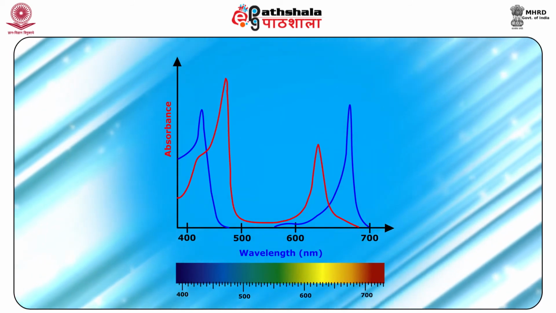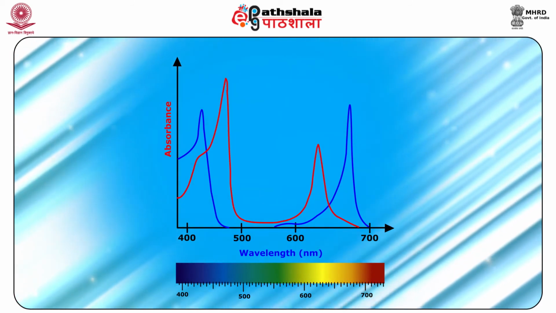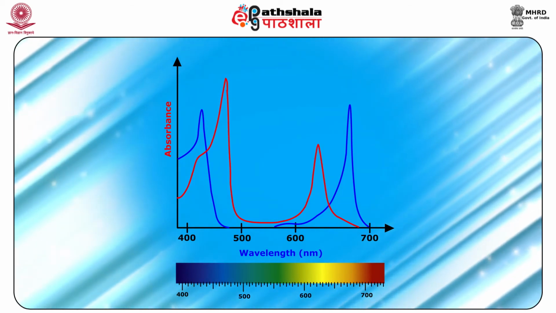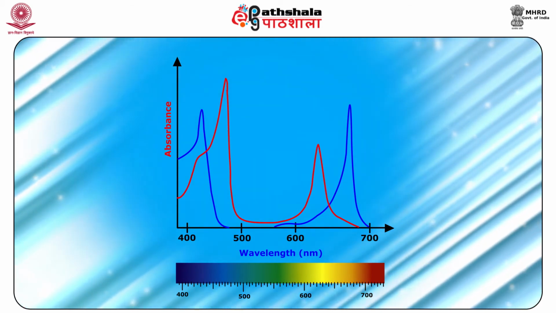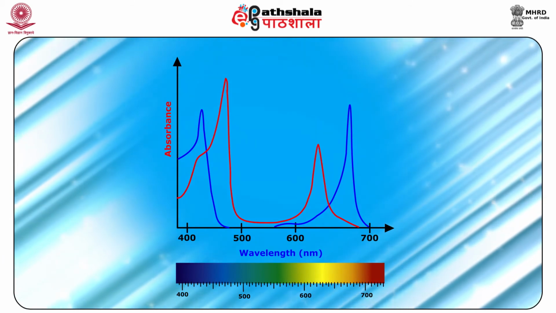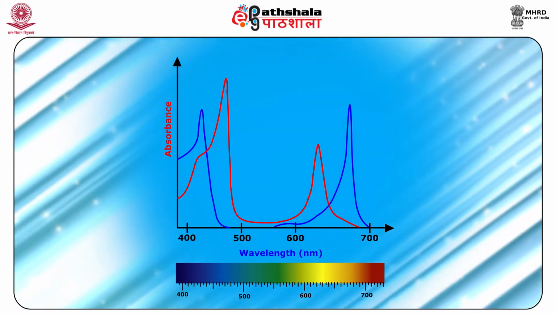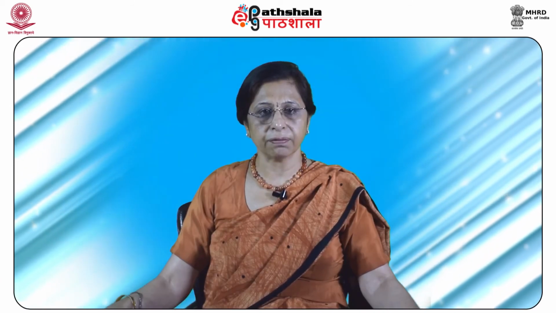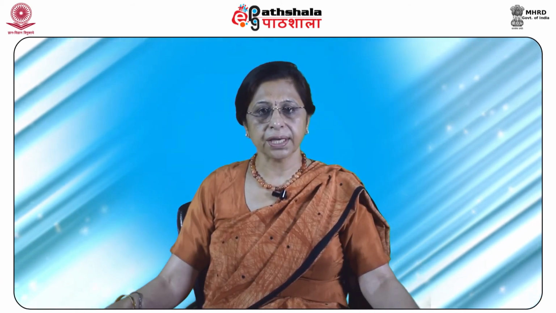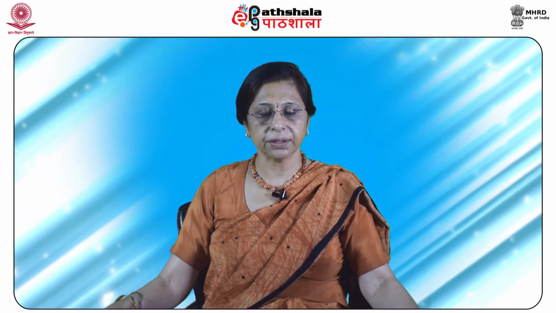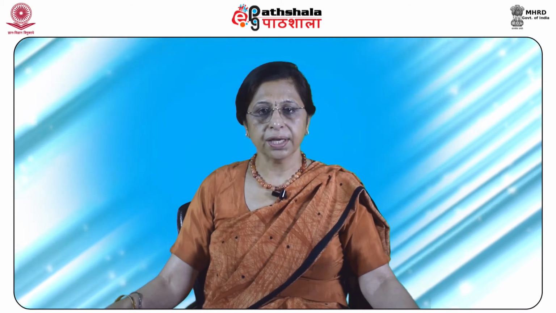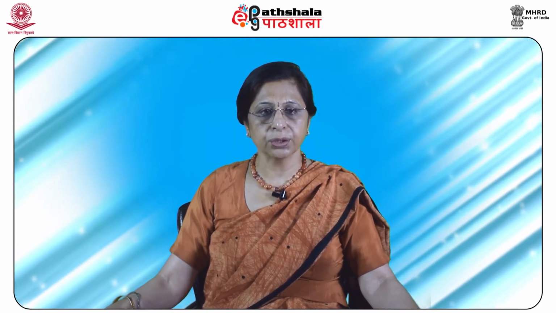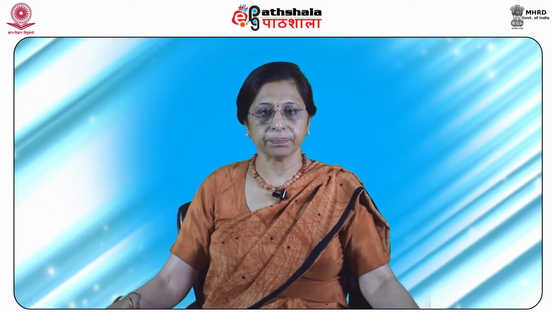The solvent polarity also affects the position and intensity of absorption maximum. However, this shift depends upon the nature of the compound, that is, whether the compound is a polar compound or a non-polar compound. The change in solvent polarity does not cause any significant shift in the absorption spectra of non-polar molecules, as in this case solvent-solute interactions are minimum.